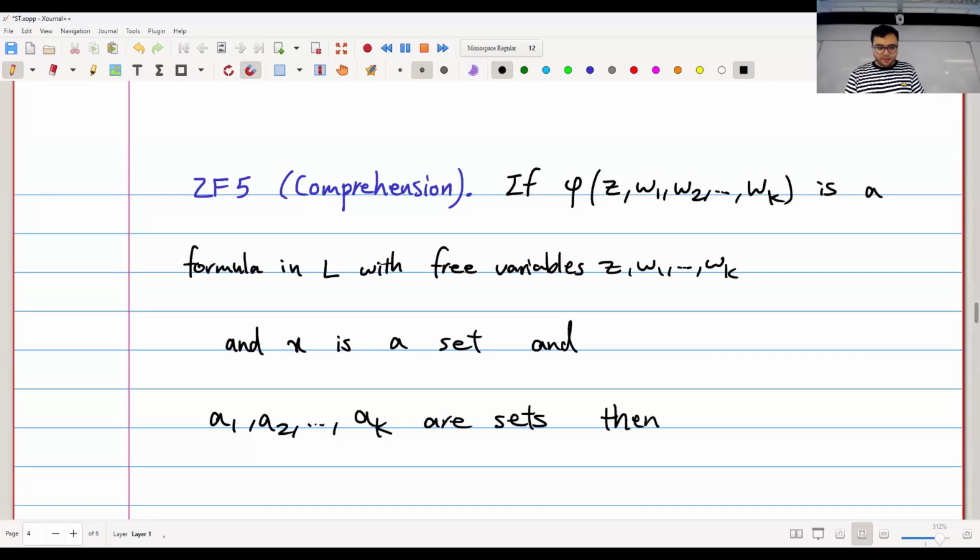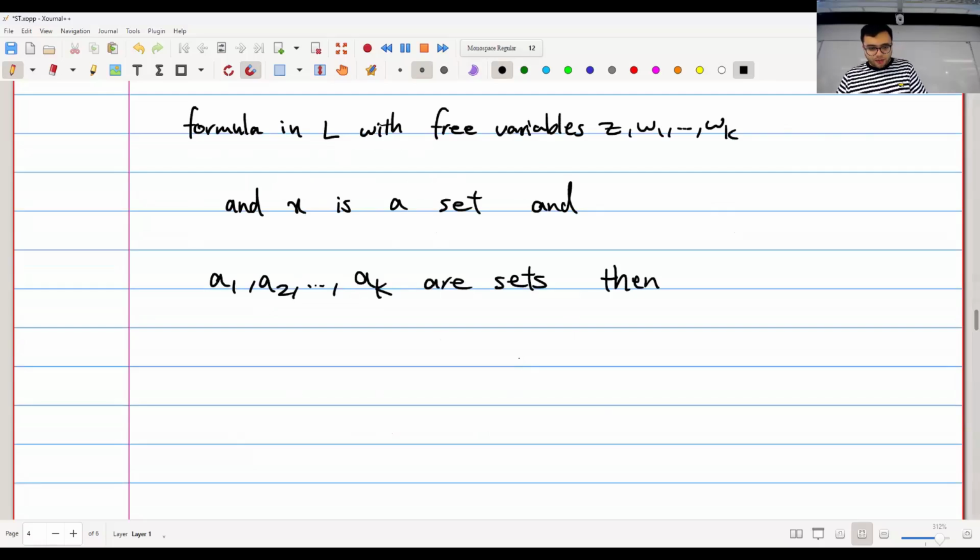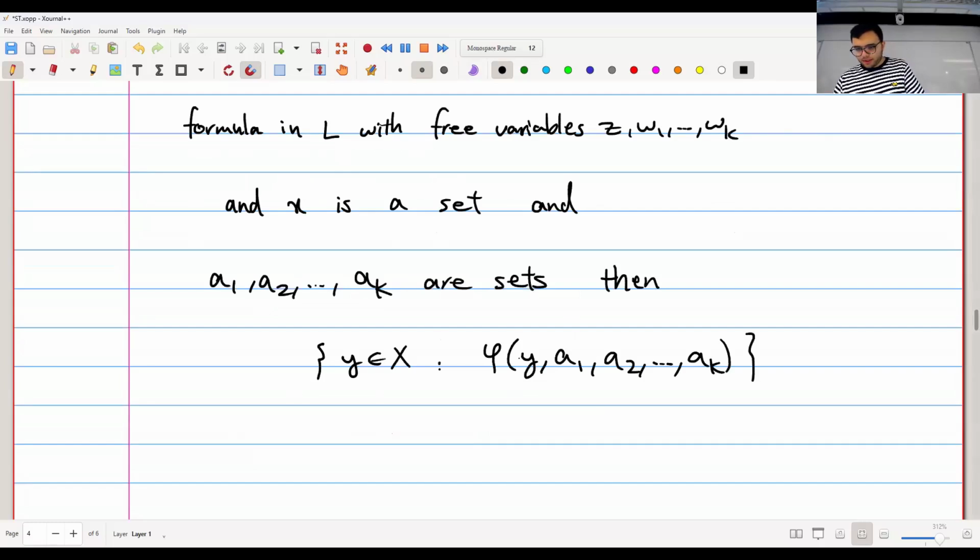Then I can have this set. I can have the set of all y's in X such that phi of y, A1, A2 to Ak. So this is a set.